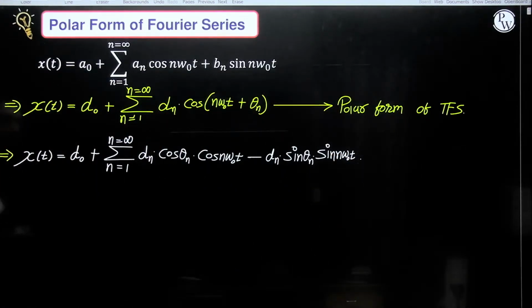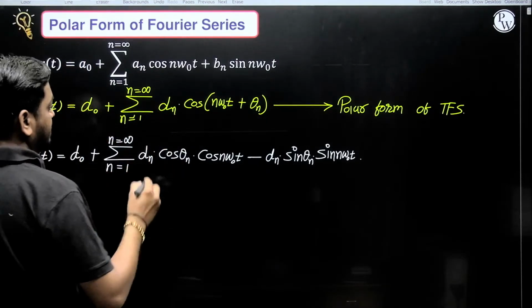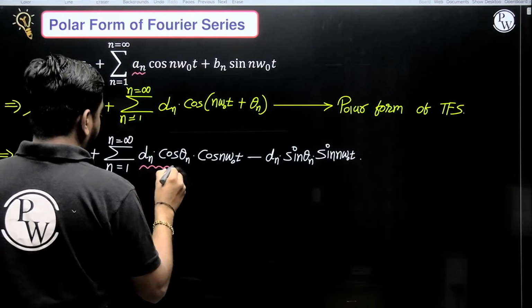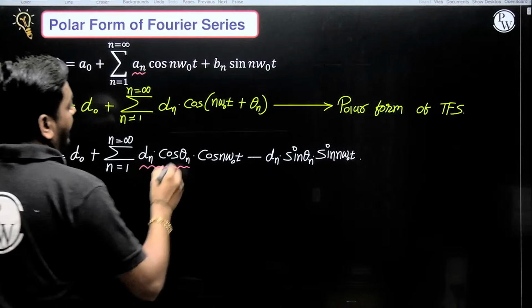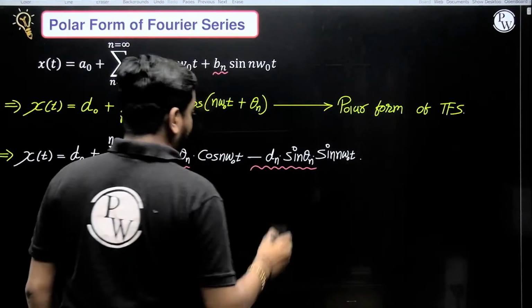Correct? Now compare this with the trigonometric form. Compare, then you will get an equal to dn cos theta n, correct, and bn equal to minus dn sin theta n, correct.